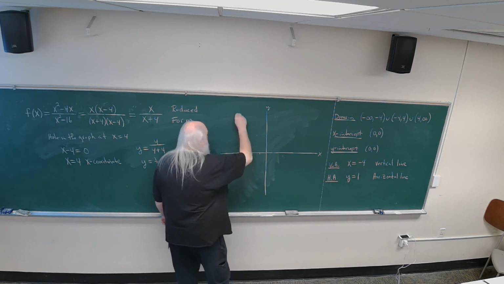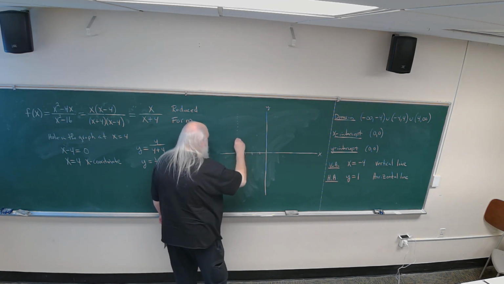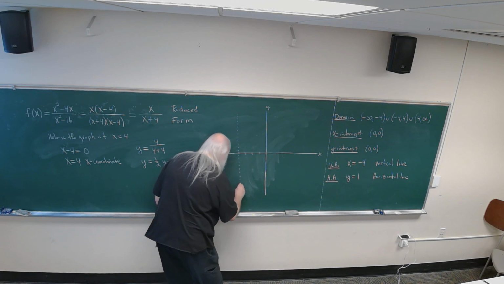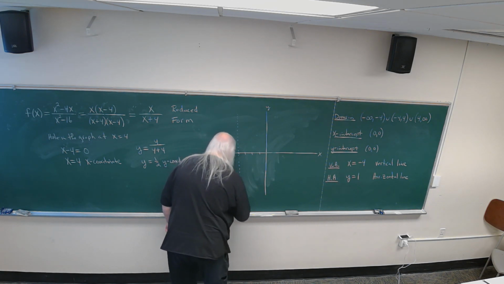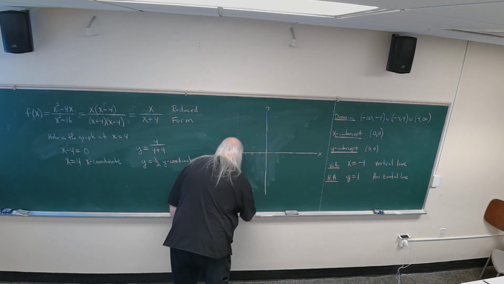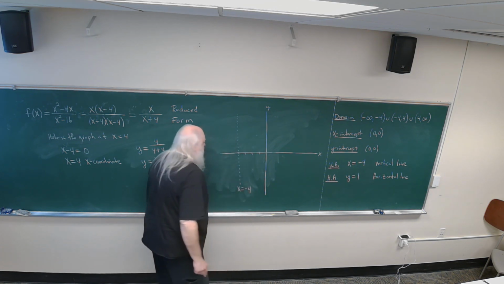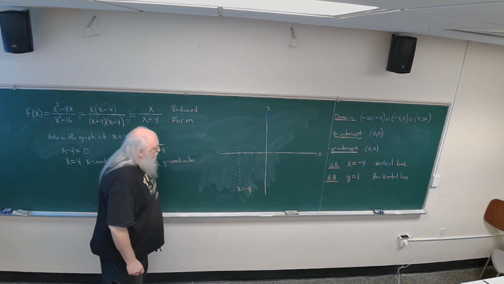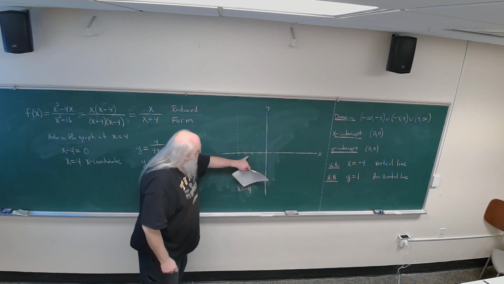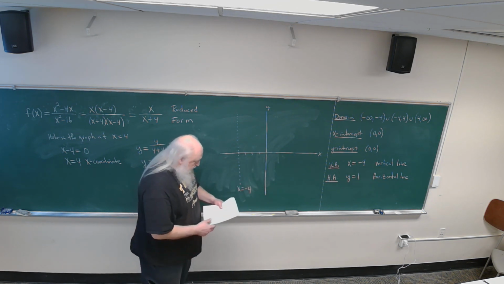So we draw a vertical line that crosses the x-axis at x equals -4. Okay. -1, -2, -3, -4.